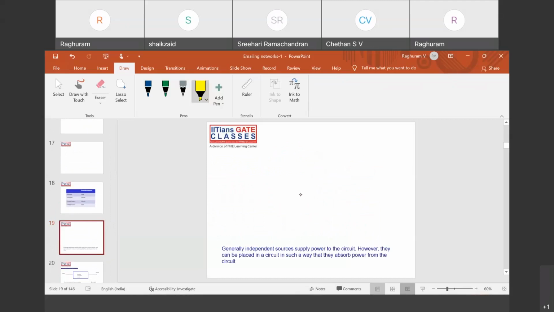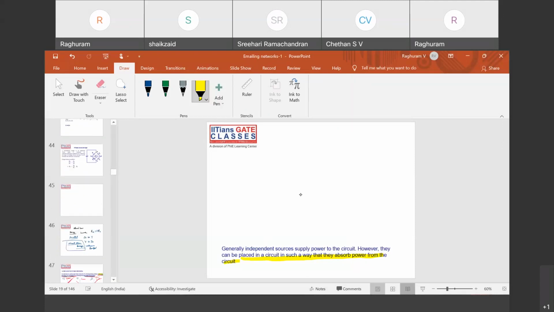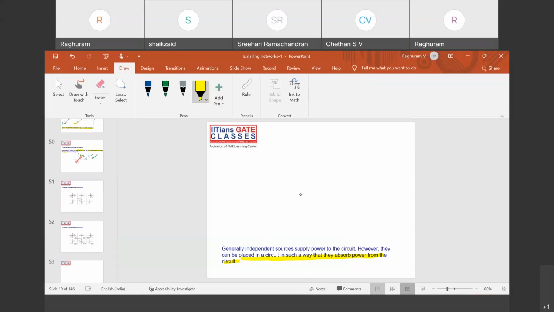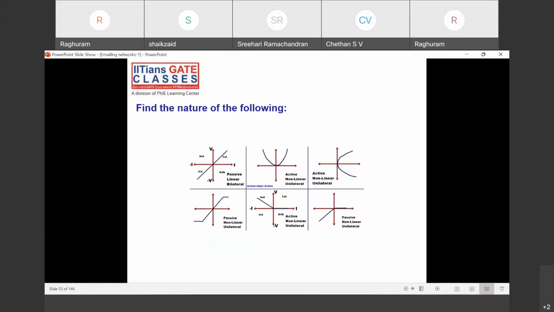See, generally independent sources supply power to the circuit. However, they can be placed in a circuit in such a way that they absorb power from the circuit. Right? This is important. Remember this. Okay. Coming back to this, that is why whenever there is a negative slope, it is always an active element.